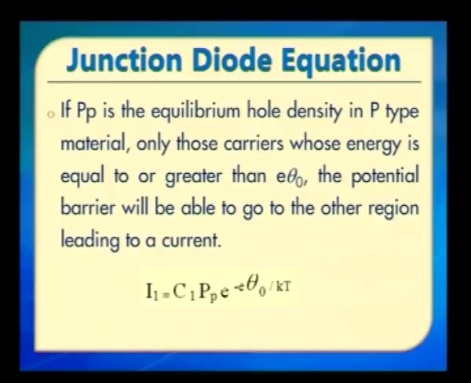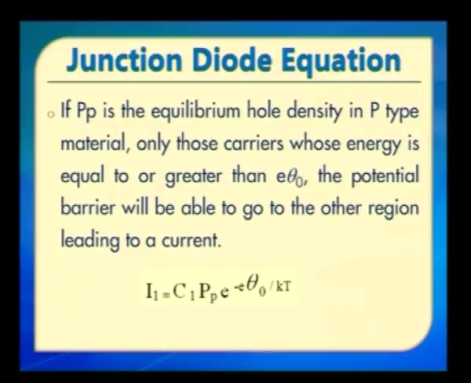Even though you are talking about electrons and holes, the Fermi-Dirac distribution will reduce to the Maxwell-Boltzmann distribution under certain limiting conditions, and we assume those limiting conditions to be applicable here, and that is the reason why you are putting e to the power of minus E theta naught by kT.